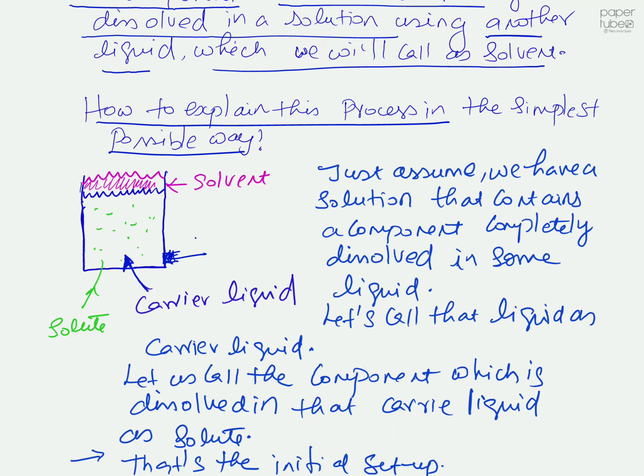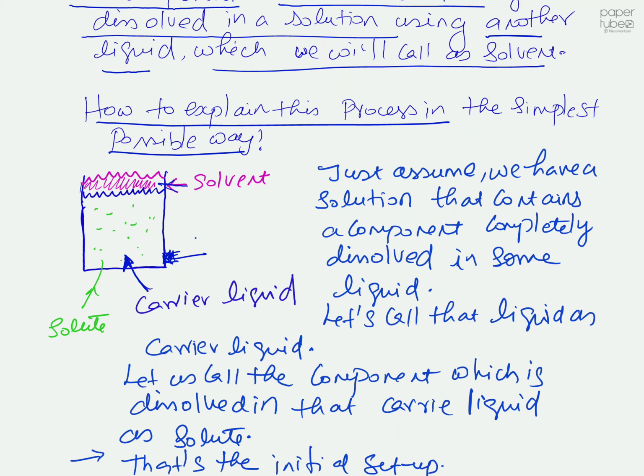So you add some solvent, which I showed here in pink. This is your solvent. We are going to add that solvent and try to extract your solute which is dissolved in the carrier liquid, and move it to the solvent.